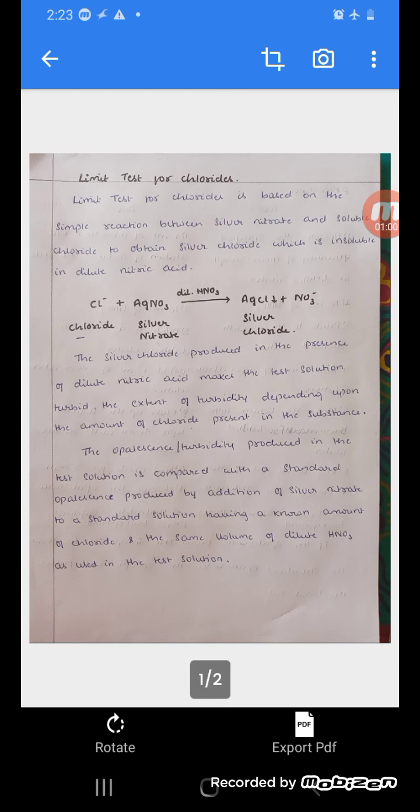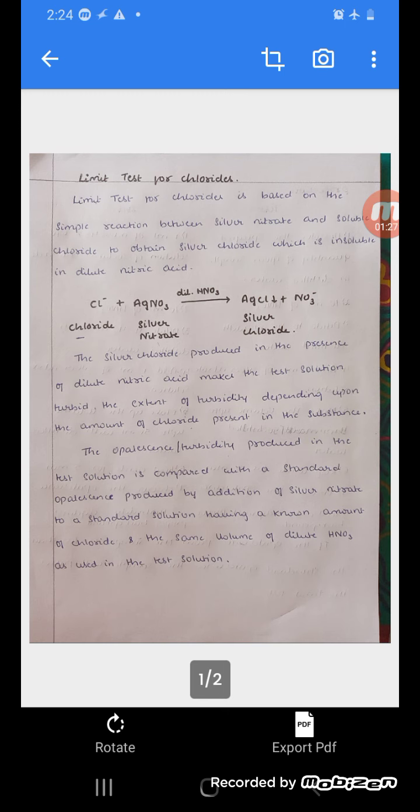Coming to limit test for chlorides. The principle involved in the limit test for chloride is based on the simple reaction between silver nitrate and the soluble chloride in the presence of dilute nitric acid. In this reaction, silver chloride is formed. The silver chloride produced in the presence of dilute nitric acid makes the test solution turbid.